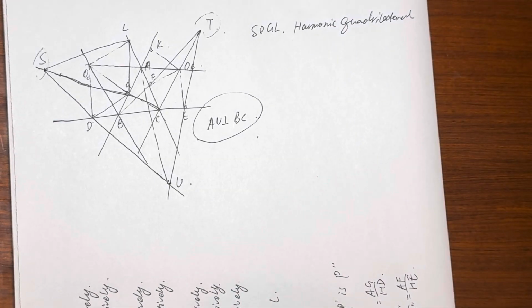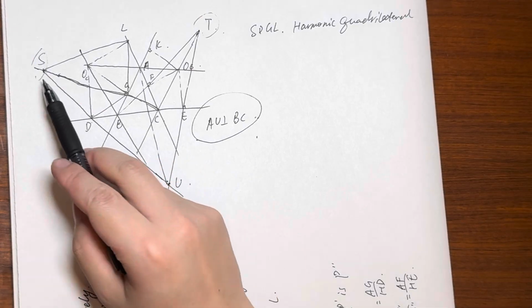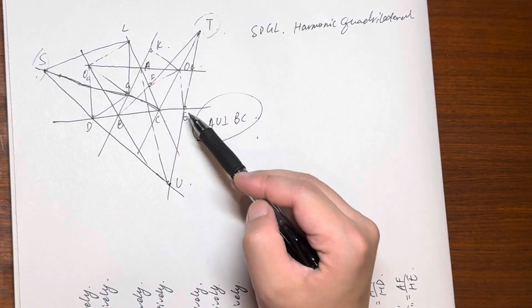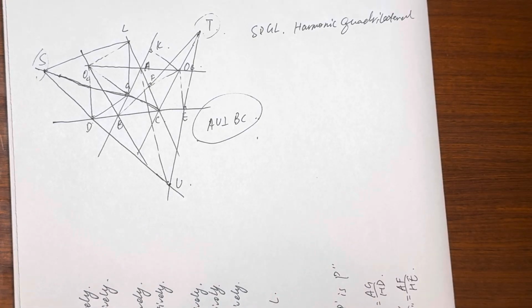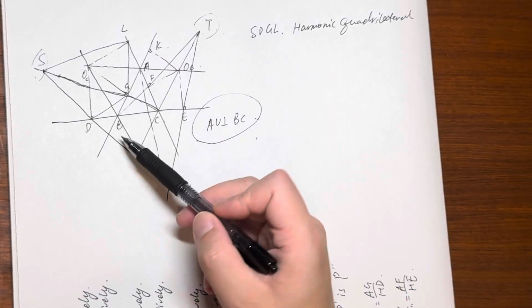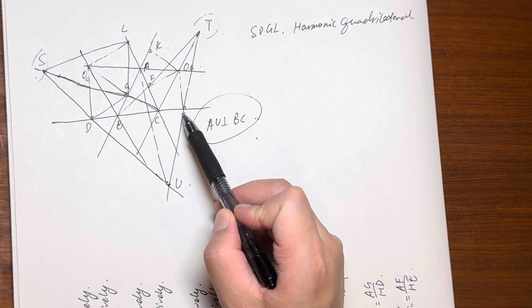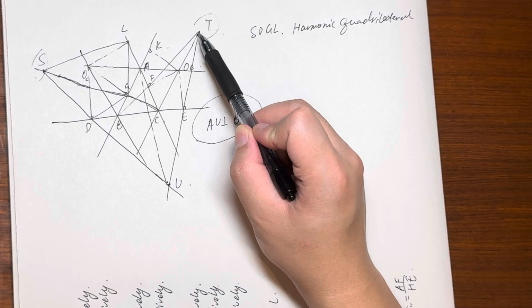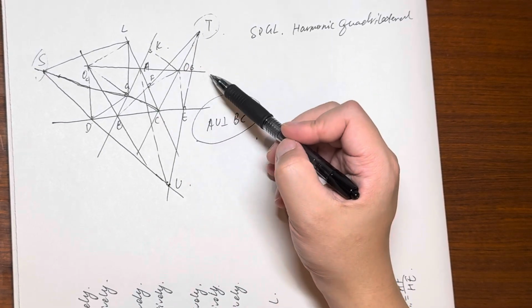Right. That's for the SDGL. Similar for TKFE. TKFE is also a harmonic quadrilateral because BK and BE are tangent lines, and BFT intersect the circle OB, right?